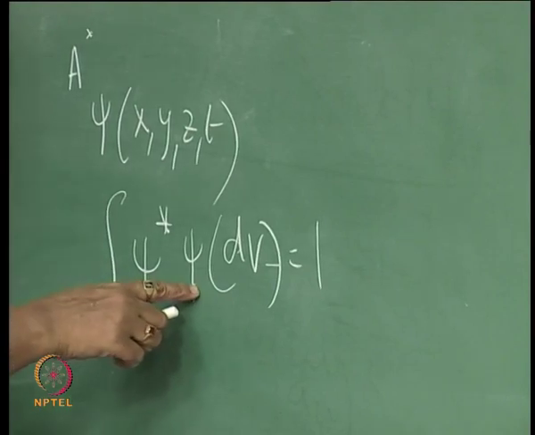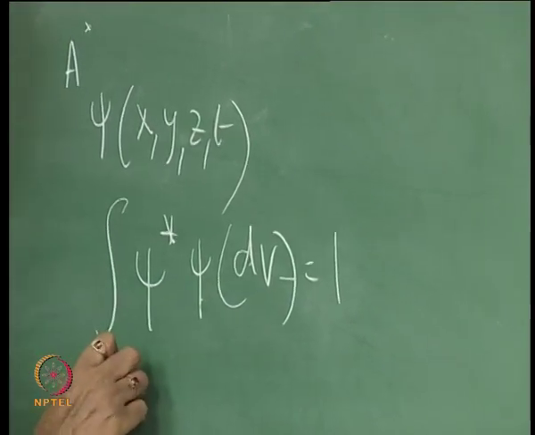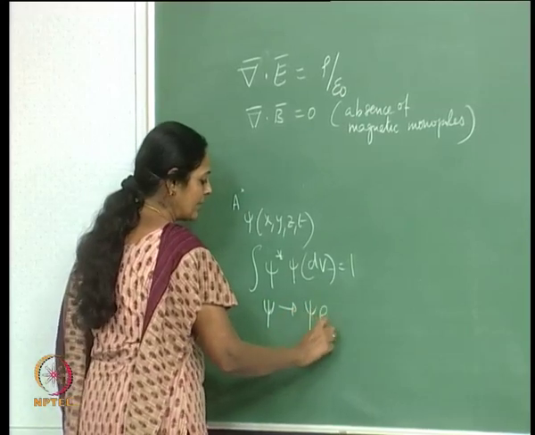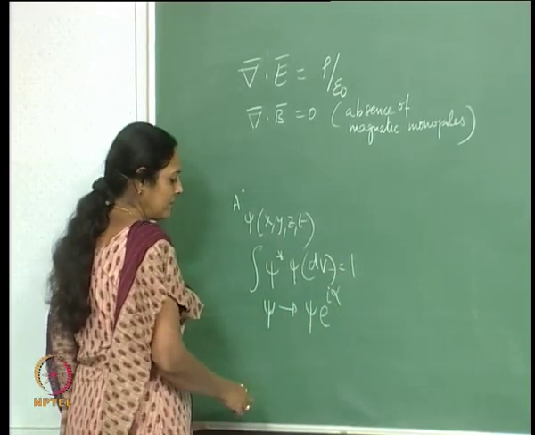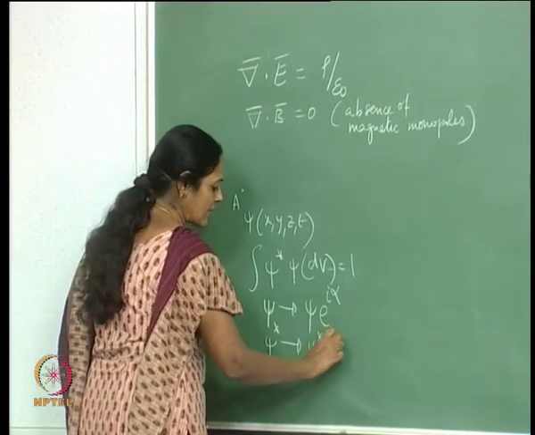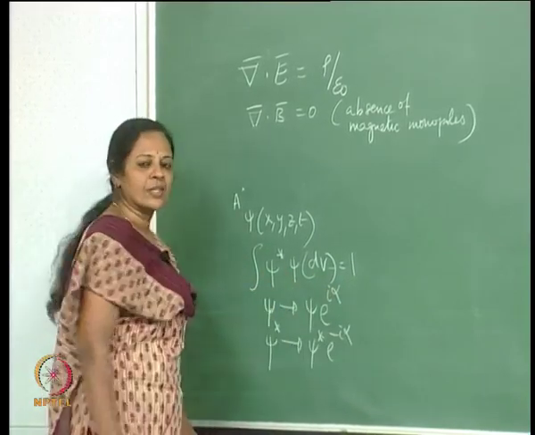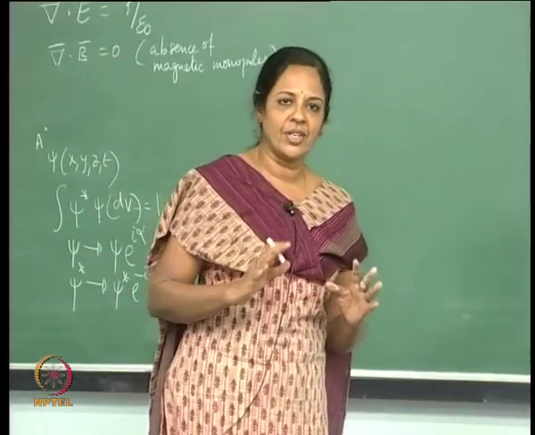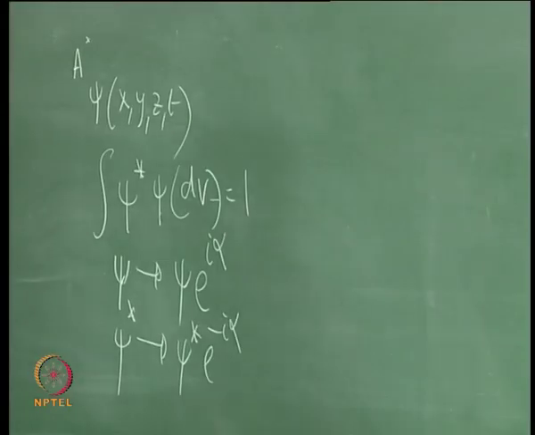So, that allows for a phase in psi. Instead of psi, I could have well written psi e to the I alpha, then psi star would be psi star e to the minus I alpha, and the normalization condition is still satisfied. So, there is a certain arbitrariness in the phase of the wave function.